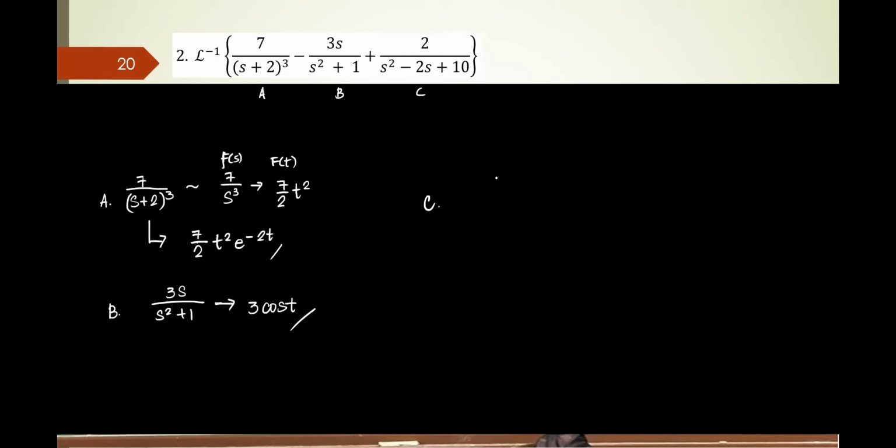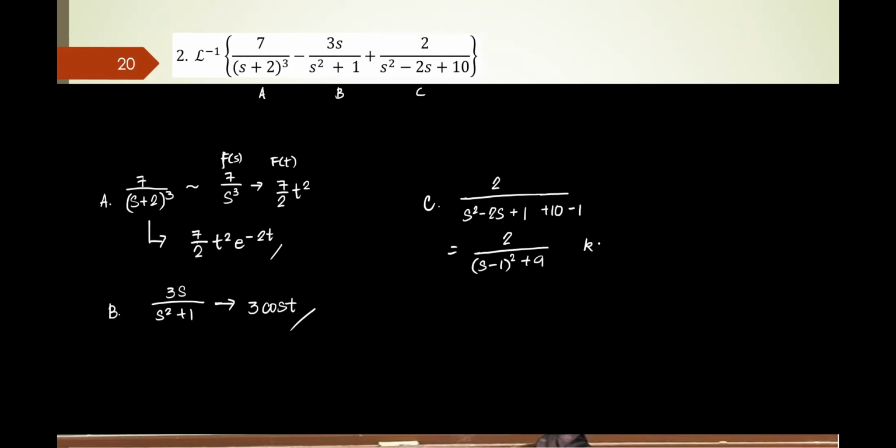For letter C, it's quite tedious because it's s squared minus 2s plus 10. So instead of s squared minus 2s plus 10, can I make it like this? What is the number that I need to complete the square, guys? 1. And then I need to subtract 1. So that means this is 2 over s minus 1 squared plus 9. Now I have a question. Your s is now an s minus 1.